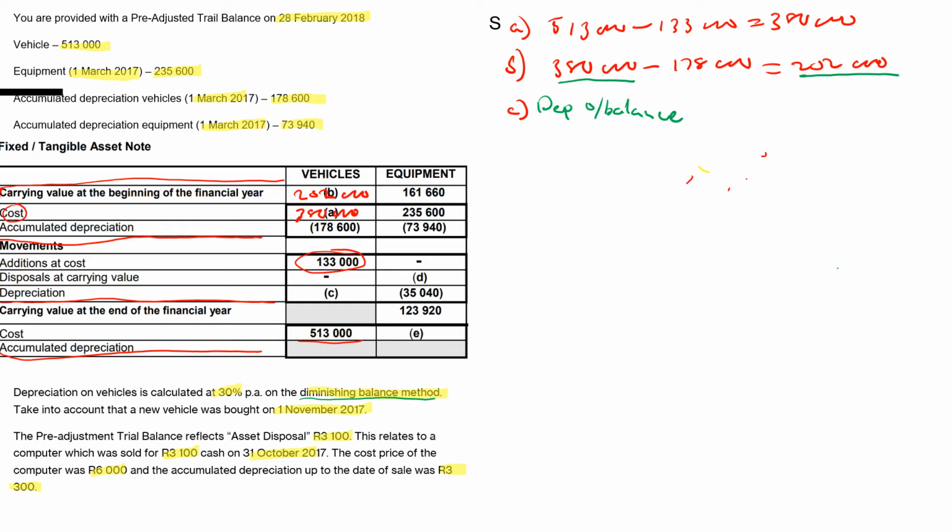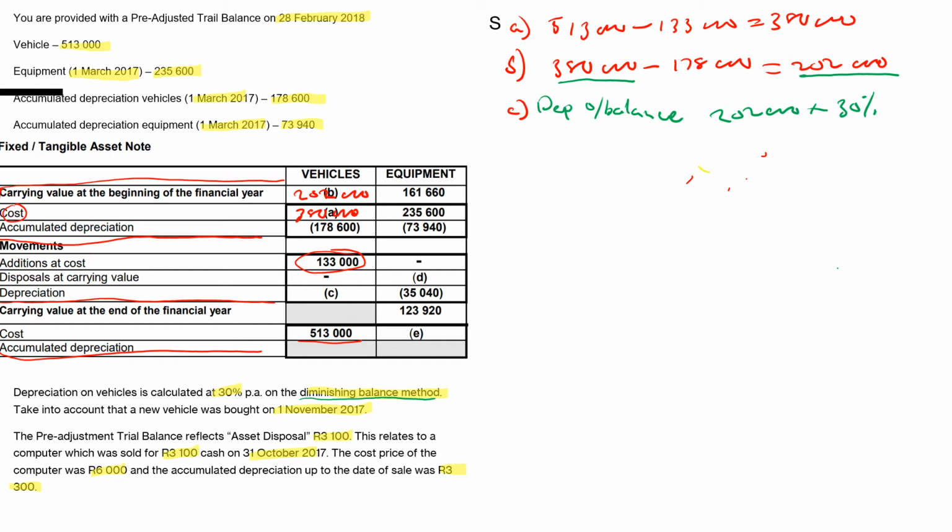When you calculate depreciation using the diminishing balance method, you calculate depreciation on carrying value. So our carrying value is already calculated, there's no need to write it again, but if you want to, you can write 380,000 minus 178,000 times 30%.